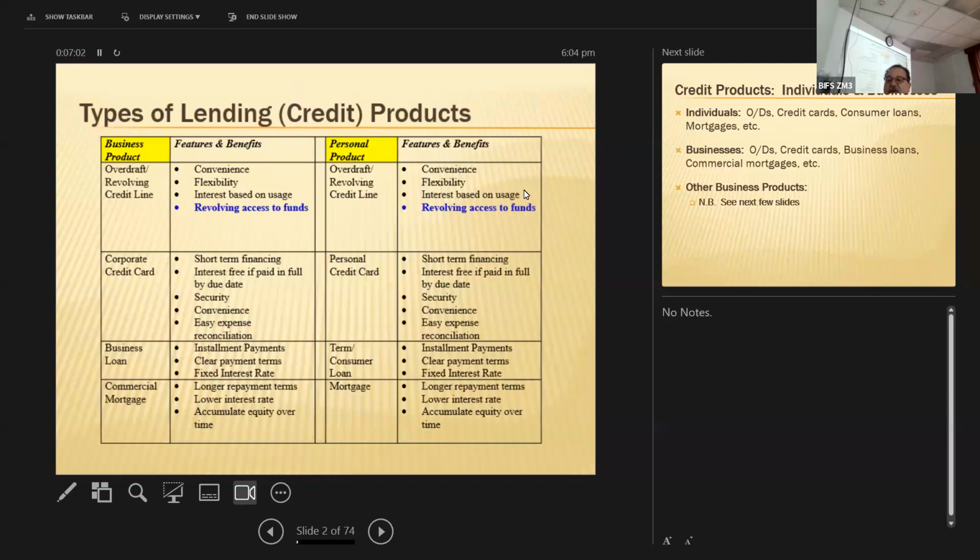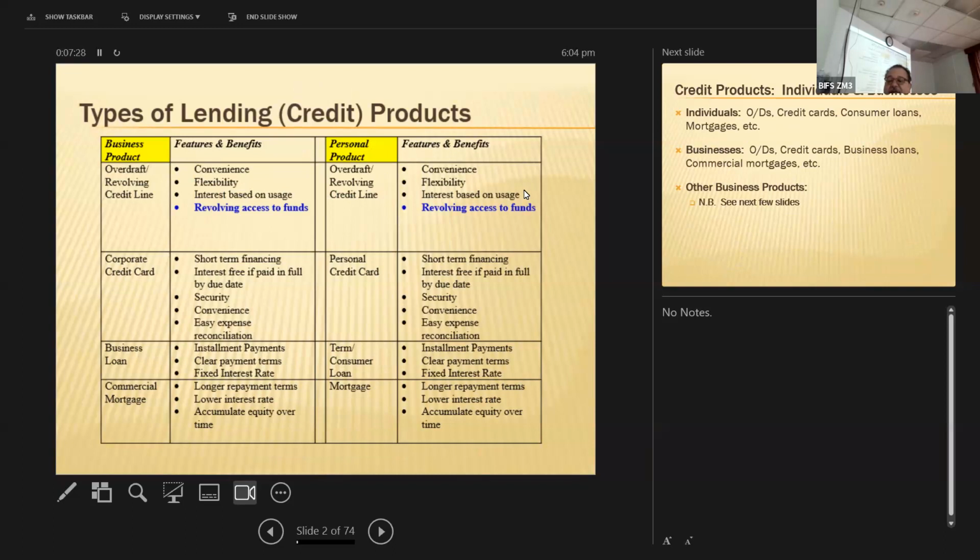We talked about the types of credit products, for personal as well as for the business. And for business, we mean sole trader, the partnership, and the corporation or company limited.